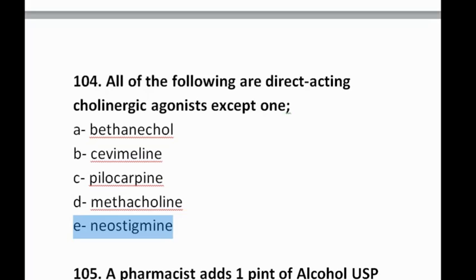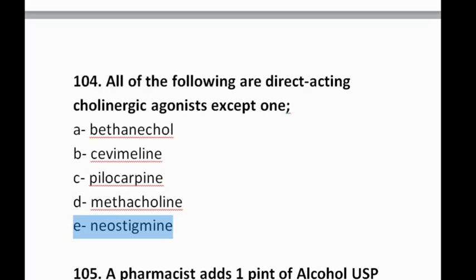Actually neostigmine acts through inhibition of the enzyme acetylcholinesterase. This enzyme actually degrades the neurotransmitter acetylcholine into its forming components, that is acetyl-CoA and choline.